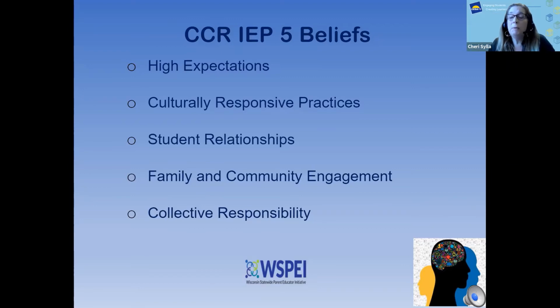Number 2, culturally responsive practices. That means being aware of the student's way of being, where they come from, what their family's beliefs and values are about, and taking into consideration that all students are not the same. Students are different, families are different, and so we need to be responsive. And so culturally responsive practices is another belief. Number 3, student relationships.